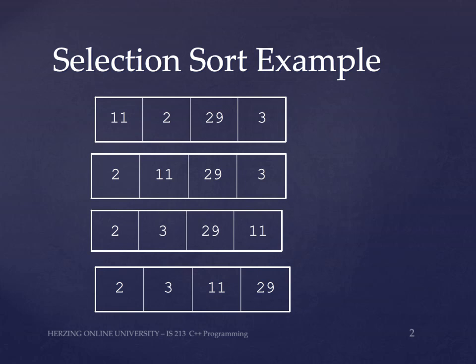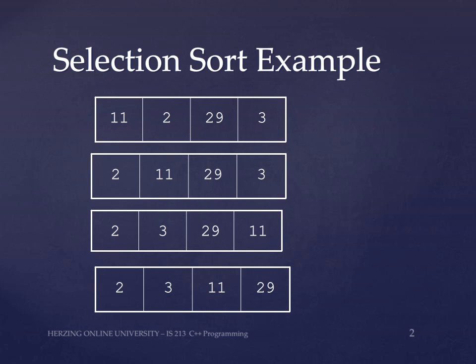This is an example of the selection sort. You have an array numList that contains the elements 11, 2, 29, and 3. The smallest element is 2. In the first pass, you exchange 2 with the element in the first position in the array, so we exchange 2 and 11.